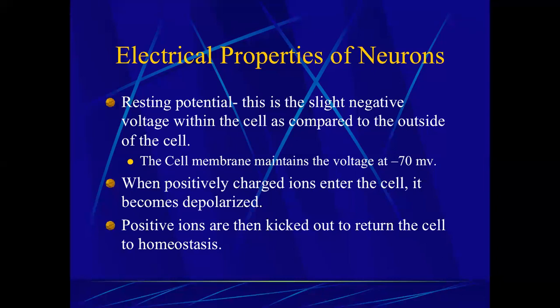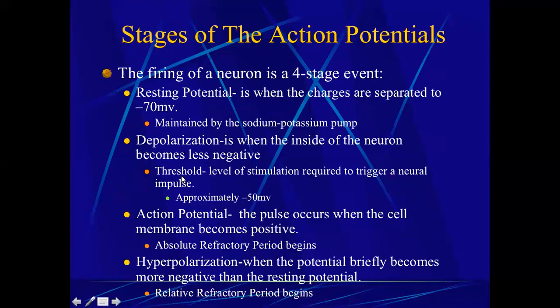So what happens with an action potential? What we see is that in order for an action potential to occur, and an action potential is just a fancy way of saying the neuron firing, right? So in order for an action potential to occur, you have to have sodium enter the cell.